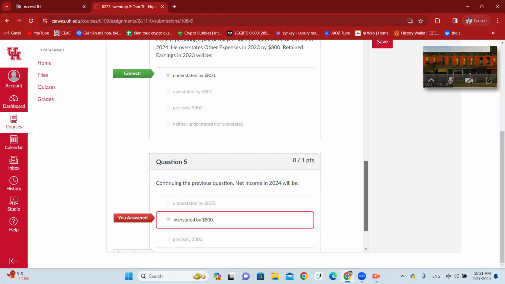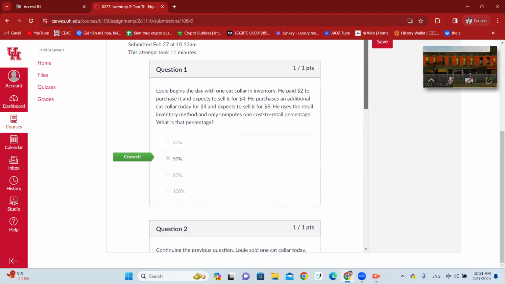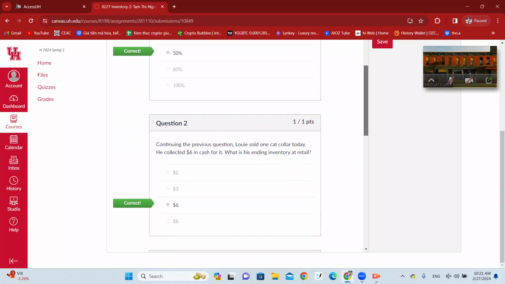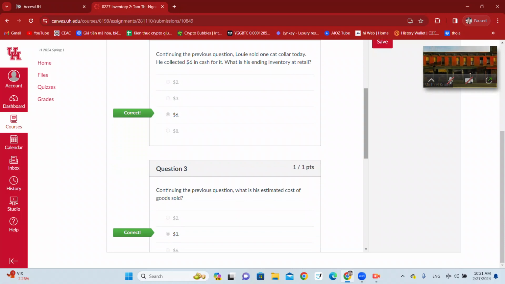Now then there's a second step. If the two goods have a retail value combined of 12, and I sell one for a retail price of 6, then the one that is in ending inventory at the end of the day must have a retail value of 12 minus 6 equals 6.